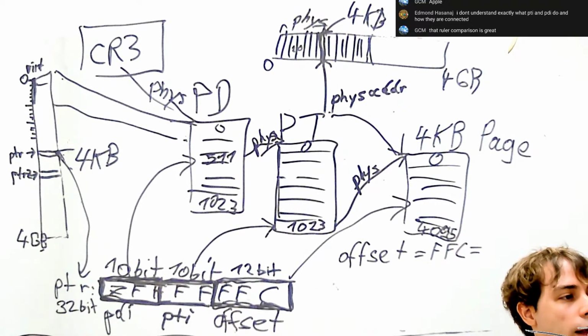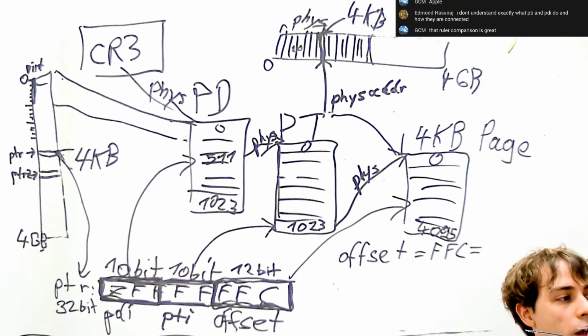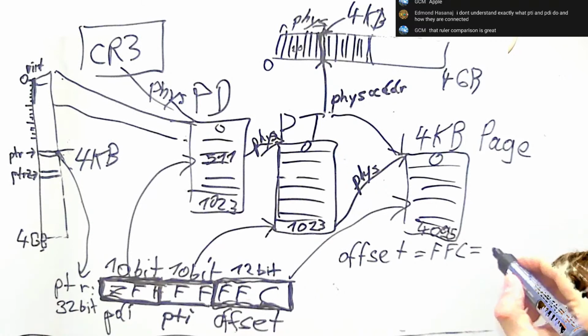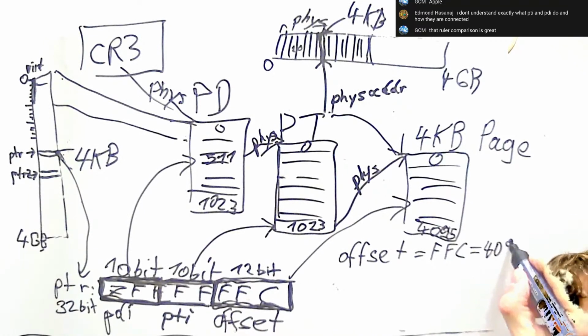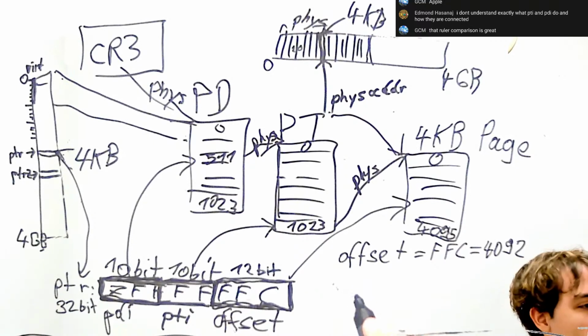F5, E4, D3, C2. So this should be 4092 if I didn't miscount right now. Okay.